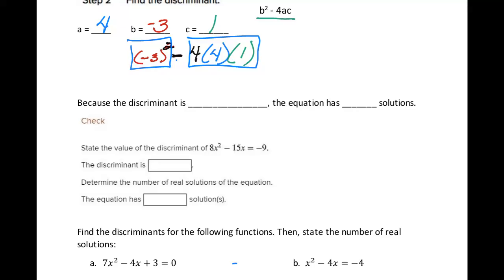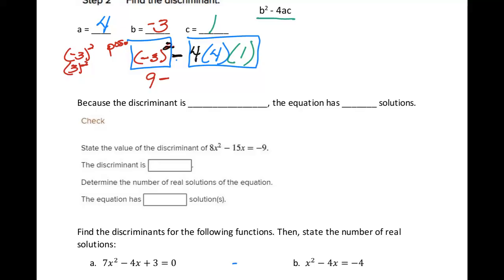A negative times a negative is a positive, and 3 times 3 is 9. Guys, this answer, whether it is a negative or a positive, is always going to be a positive number. Anything squared is always positive. So it's 9 minus, okay?